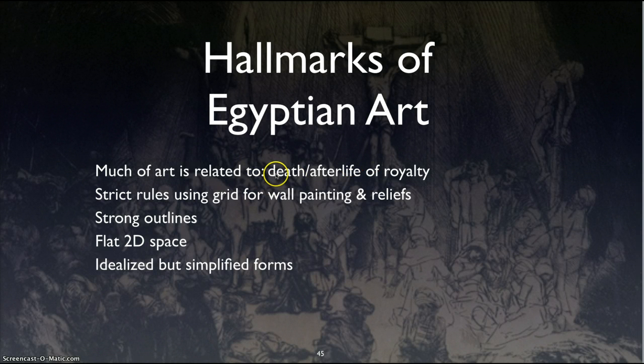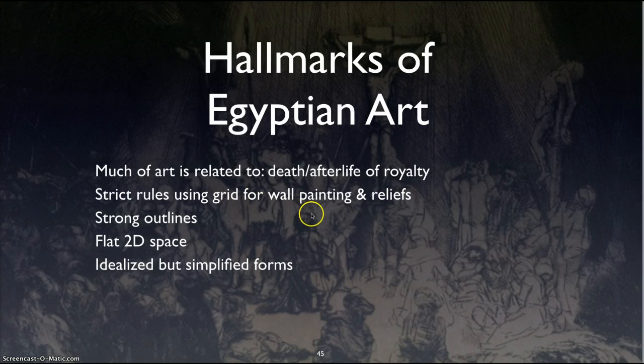A lot of the artwork deals with life and death, and the afterlife, especially the royalty. Much of the artwork that we see, although not all, has to deal with the pharaoh, his family, and their afterlife. That really gets the vast amount of attention.